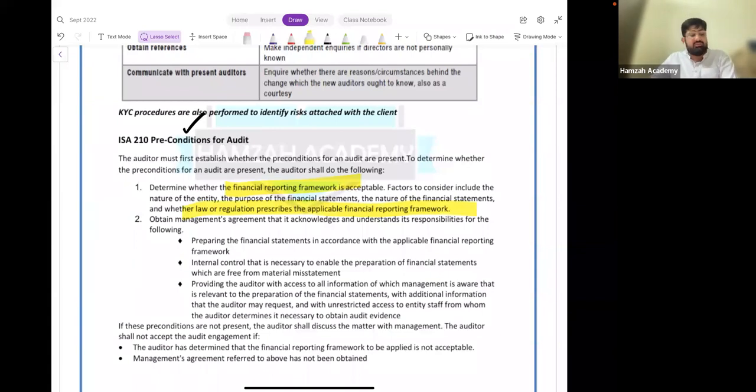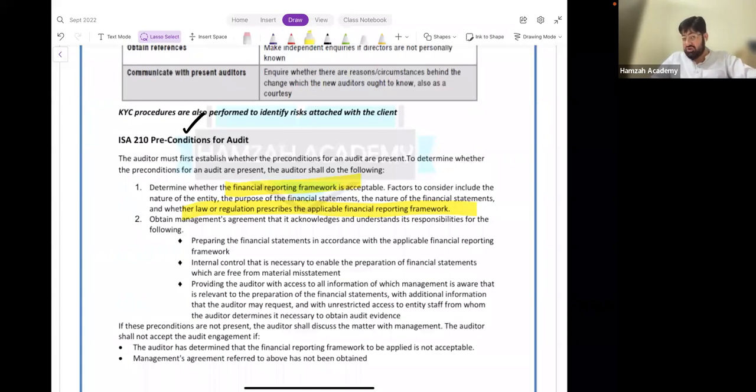If they are using some different financial reporting framework which is not allowed by law, we will not audit them. This is a precondition. And second, while doing auditing, we need to have some information.